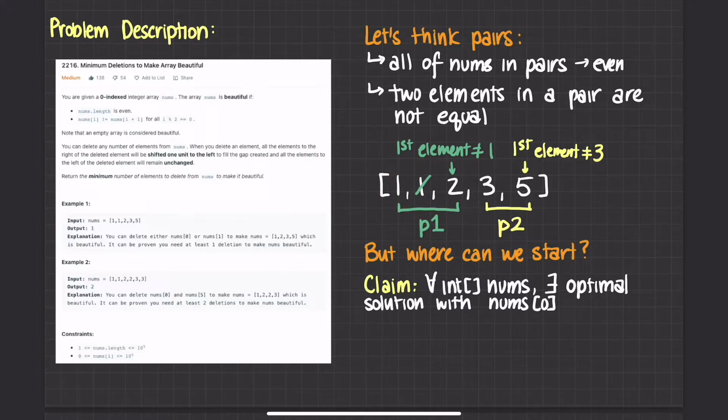Well, actually, I'm going to claim and I'm going to prove that for any nums array, there always exists an optimal solution with nums 0 being the first element of the first pair. Now that's assuming we have elements in our array.